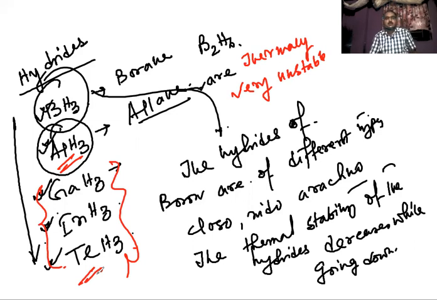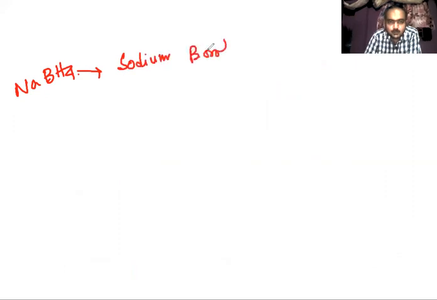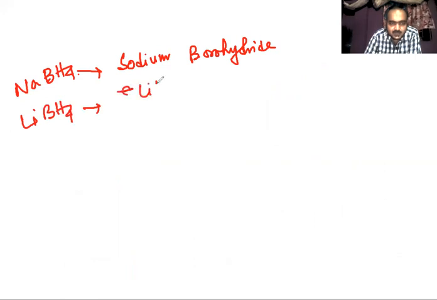There are different kinds of hydrides of boron also. We can see tetrahydroborates: NaBH4, sodium borohydride, and LiBH4, lithium borohydride.